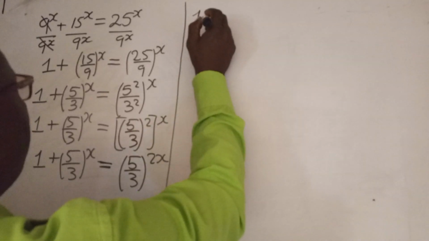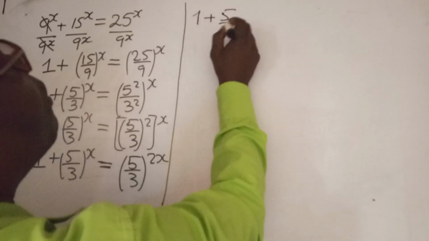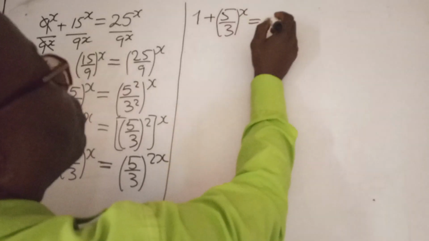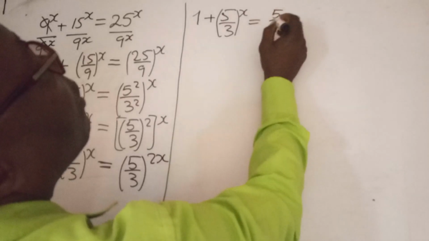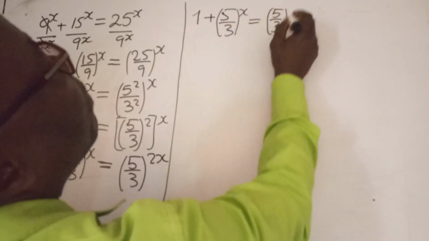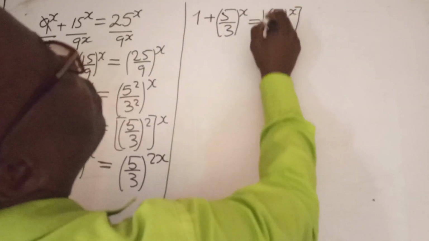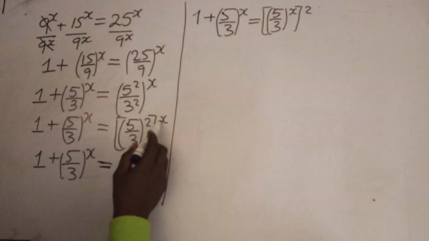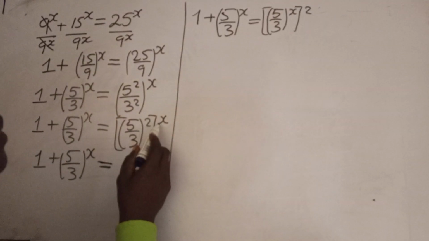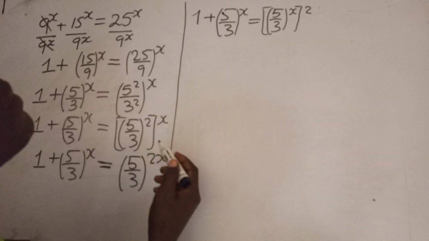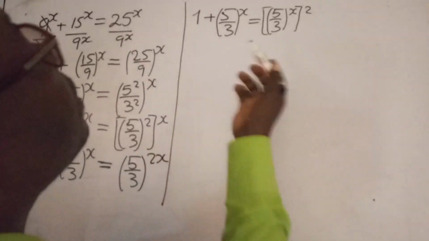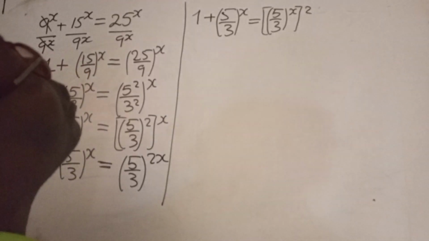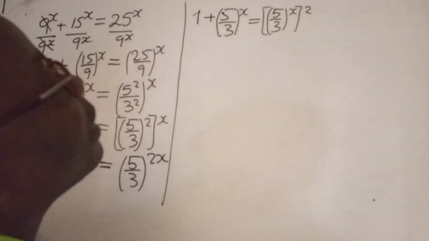So we have 1 plus 5 all over 3 to the power x is equal to 5 all over 3 to the power x squared. Okay, so we just simply swap positions here. The x goes in and 2 comes out. So we can quickly see a quadratic gradually coming up, a quadratic expression in terms of 5 all over 3 to the power x.